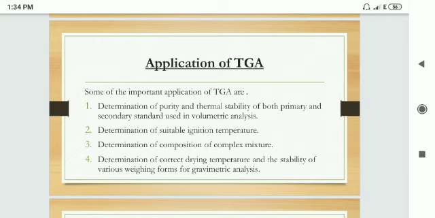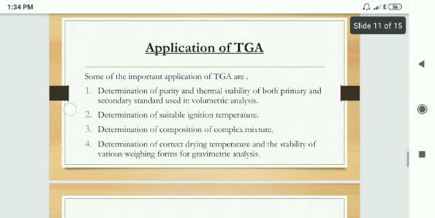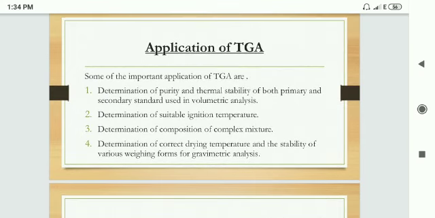Ignition temperature, as we have seen previously, if the precipitate is heated from 250 to 1200 degrees C, then that type of drying of the PPT is called ignition of the PPT, and the temperature is called the ignition temperature, and that ignition temperature can be easily determined with the help of thermogravimetric analysis. Thermogravimetric analysis is also helpful for the determination of composition of a complex mixture.